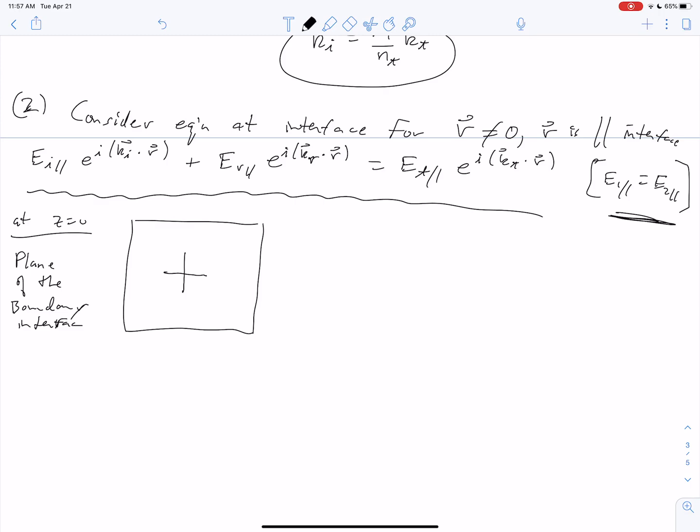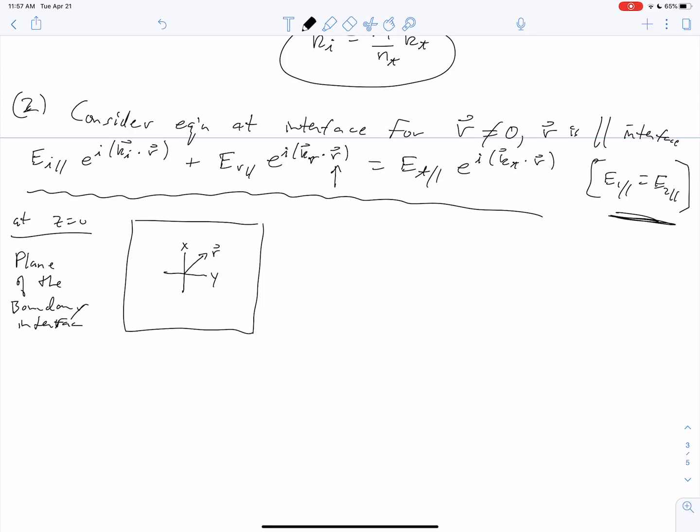I'm going to rotate it a little bit. I have a reason for doing this, so don't be too freaked out. I'm going to call that vertical direction x and the horizontal direction y. Now let's just consider some vector r on that interface, this vector right here.